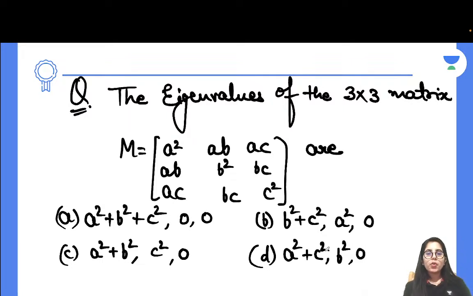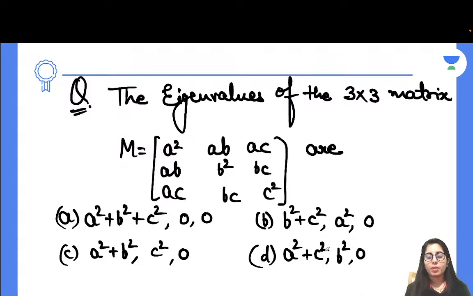So this is the question related to matrices, guys. In this case, you are going to have a 3 by 3 order matrix given to you. What you have to do is find the eigenvalues of this matrix.